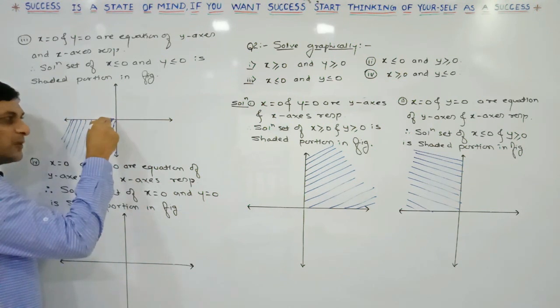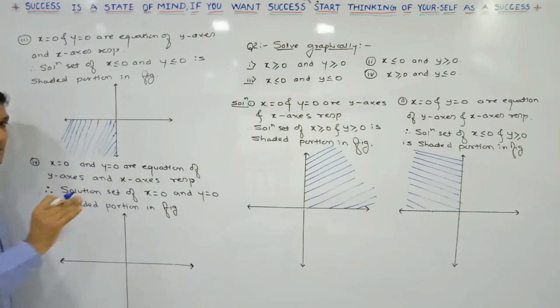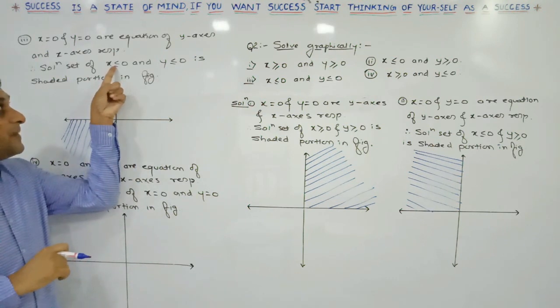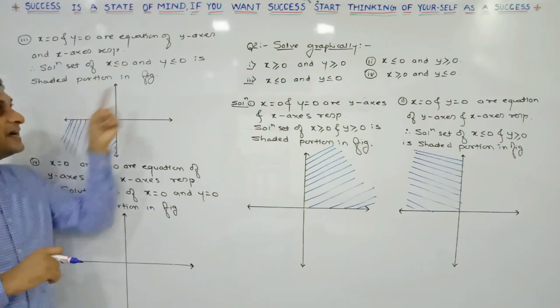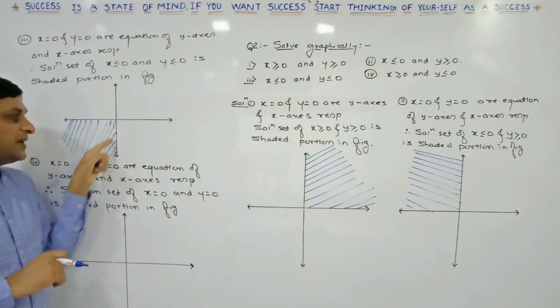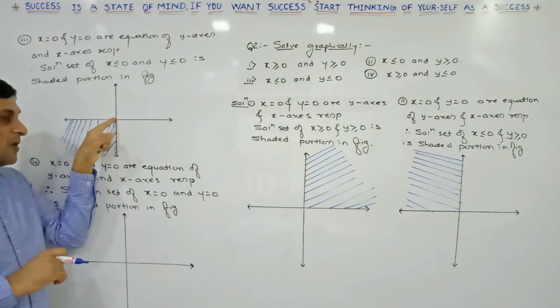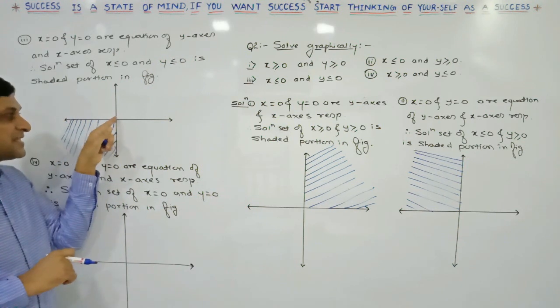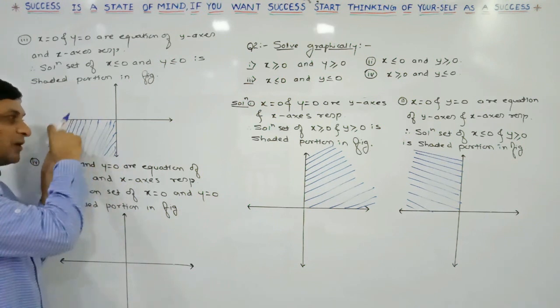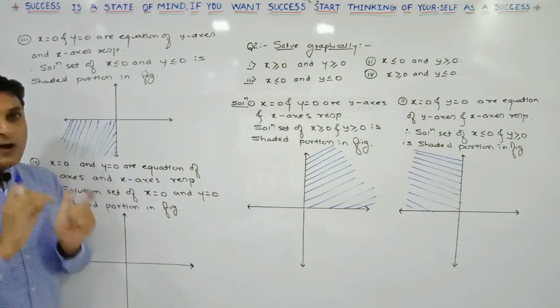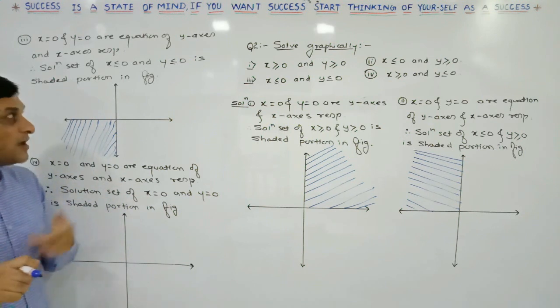So here all the points on this x-axis and y-axis are also included because equality is there. X is equal to 0 means the y-axis and y is equal to 0 means what? The x-axis. All the points on the negative direction of the x-axis and the negative direction of the y-axis are also included, and all the points in the third quadrant are also included in the solution set.